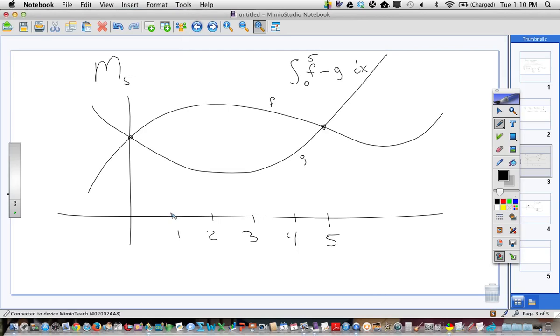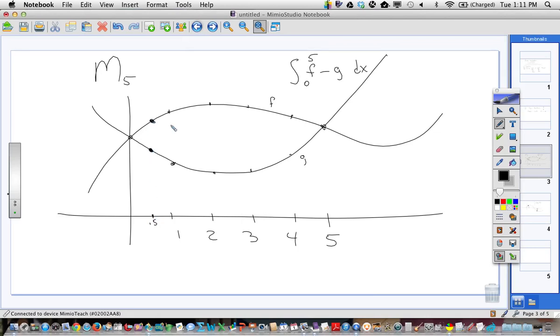All right. So if we look at this, here's 1. Here's function values at 2, 3, 4, and so forth. How would I draw a midpoint rectangle? Well, the first midpoint would be right there at 0.5. And so I'd go up to the curve right there and right there.